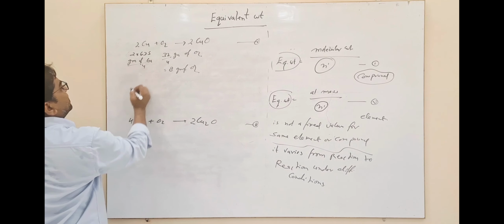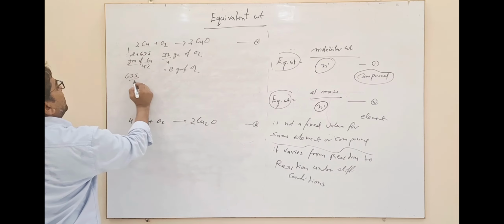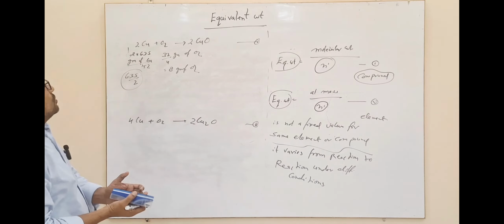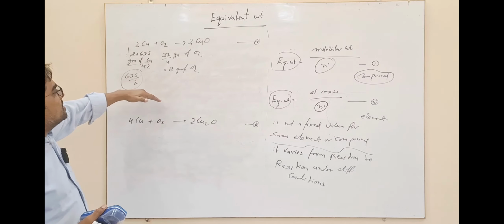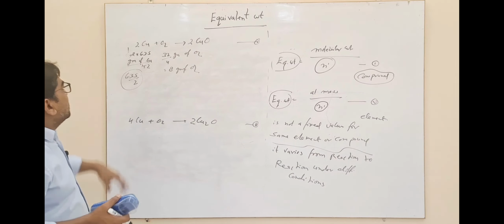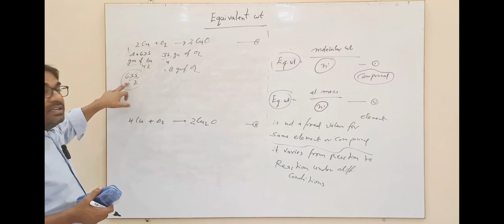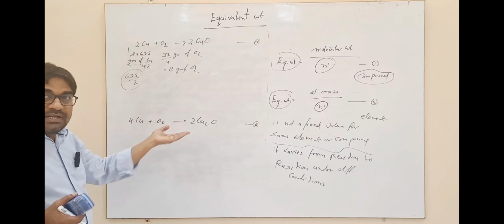So it's also divided by 4, so it becomes 63.5 by 2. So the same result is obtained from the balanced chemical change, that in formation of cupric oxide, the copper has equivalent weight 63.5 divided by 2, as we have discussed earlier.